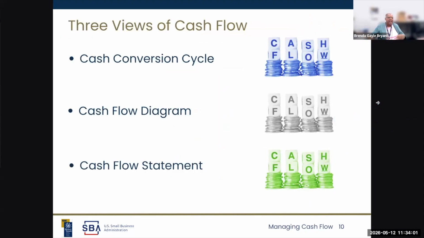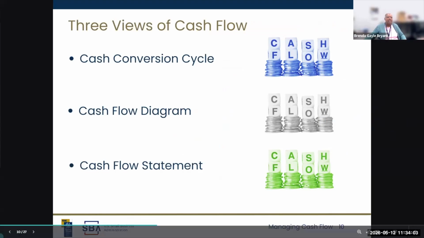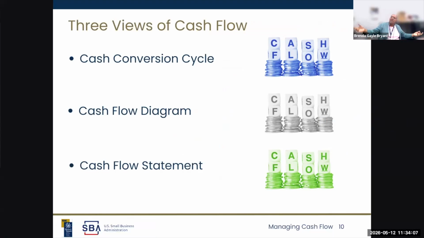So when we look at cash flow and how money comes into us, cash comes into us from the products or services that we sell. It may come in as a gift, as money from a loan, or as money that we put into the business.